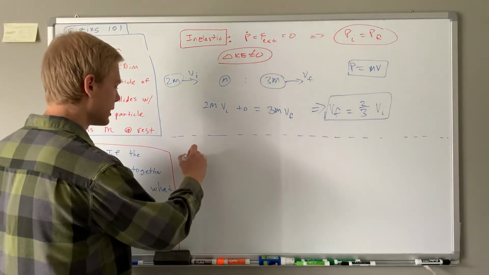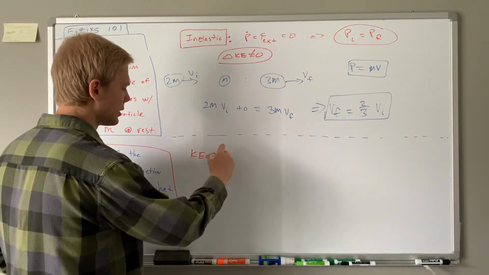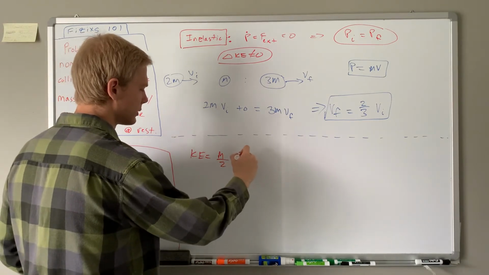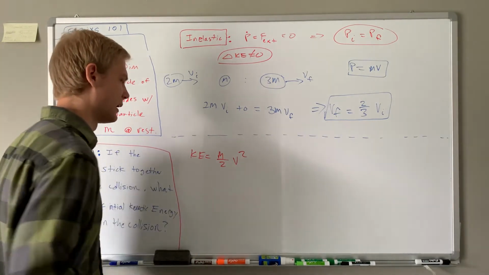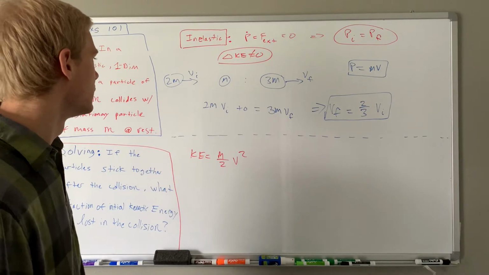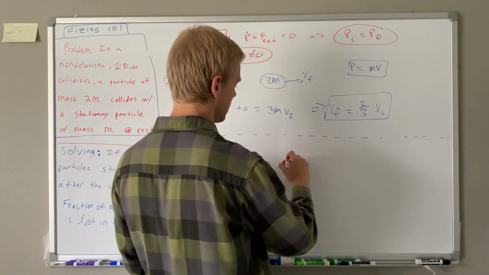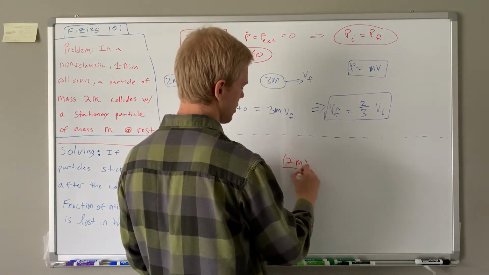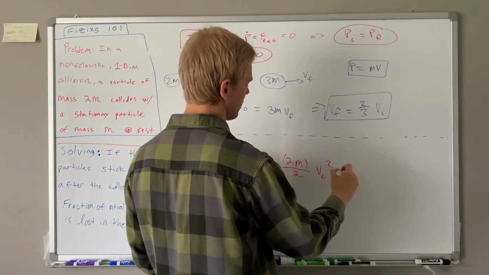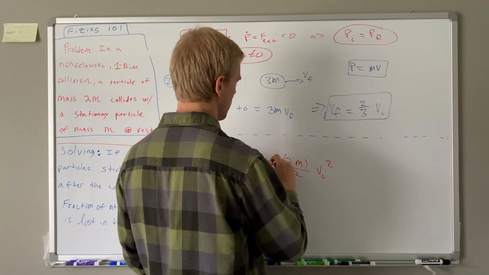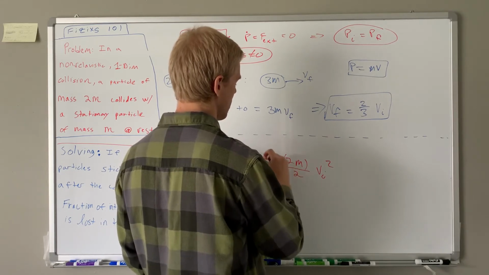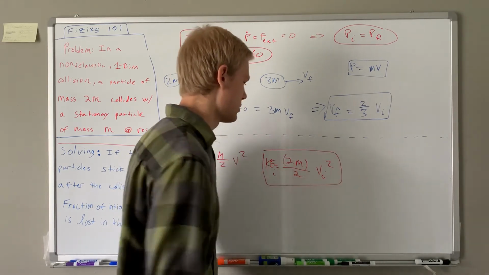So kinetic energy in general is equal to some mass times some velocity squared, multiplied by 1/2. In the initial case, you only have this one moving, so it's 2m over 2 times vi squared.